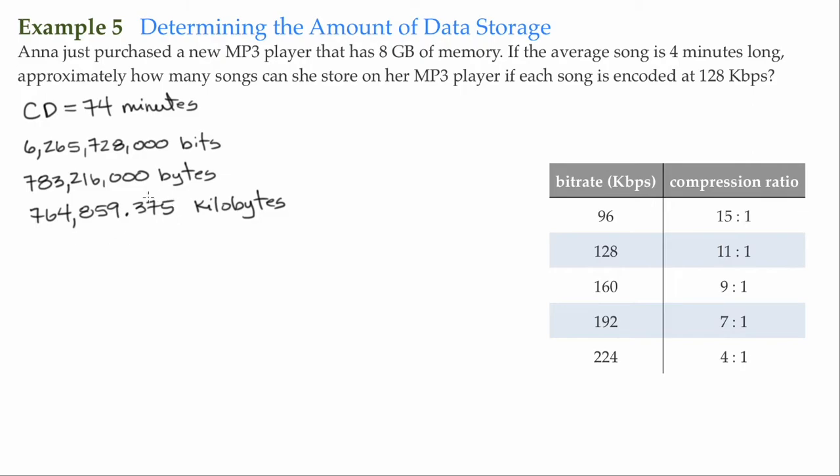If I want to transfer this into megabytes, there's 1,024 kilobytes in a megabyte. So I divide this by 1,024, and that's 746.933 megabytes.